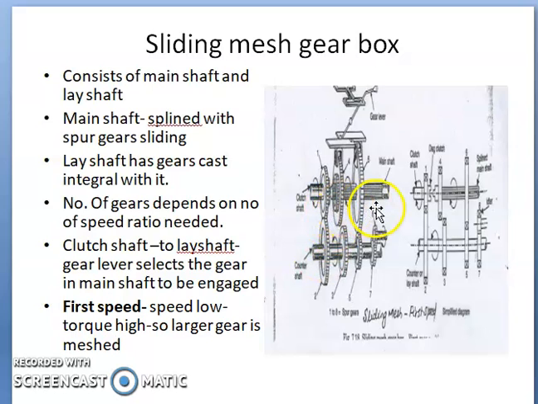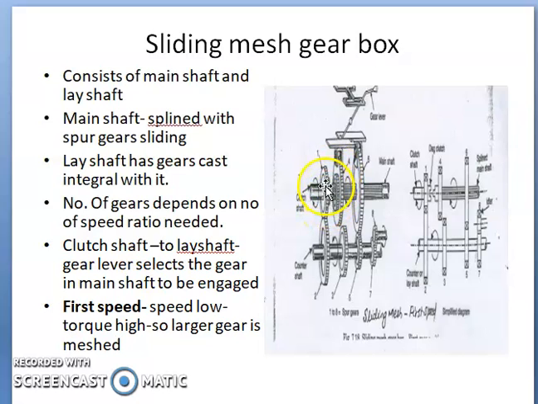The number of gears on the main shaft depends upon the number of ratios that it is designed for. Now we have 2 gears, so we can have 3 gear ratios. If there are 3 gears, then you can have 4 gear ratios. This shaft is called the clutch shaft, which is coming from the clutch, and this gear is called the clutch gear.